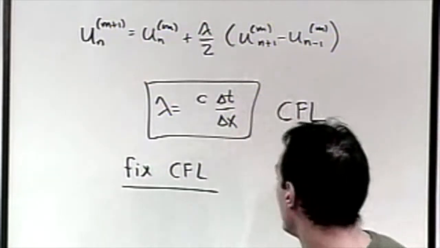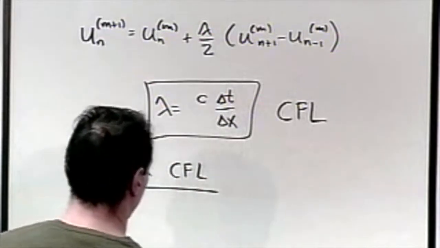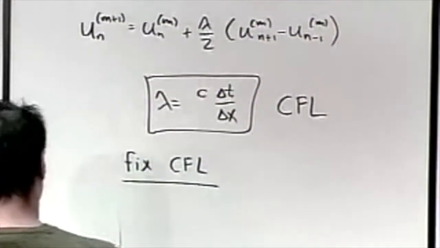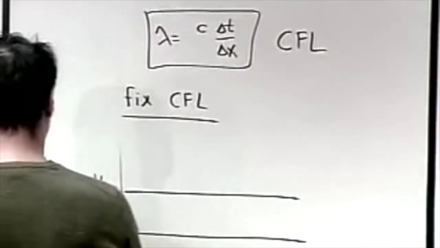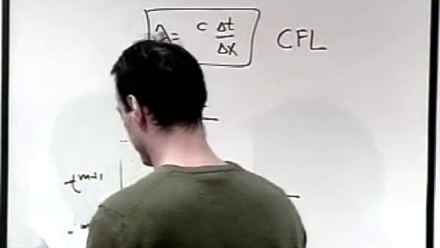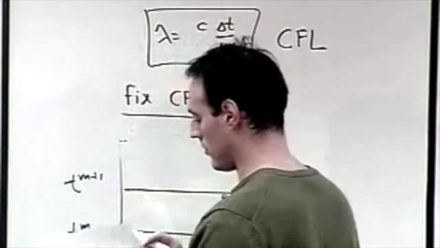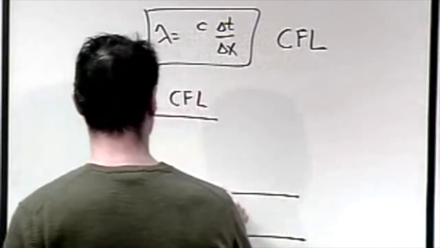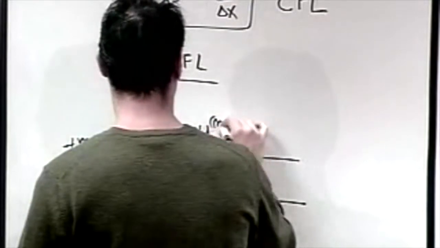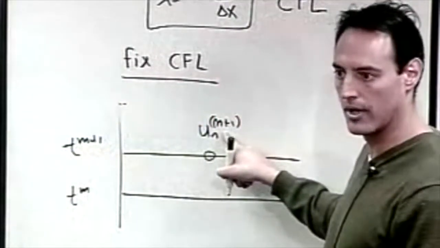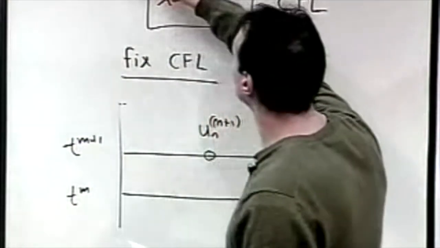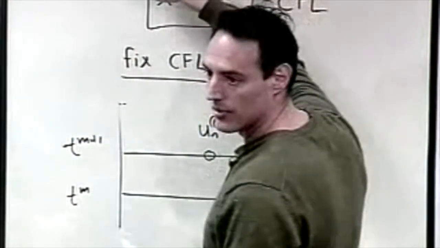So notice, by the way, that this algorithm, so this is time m plus 1, time m. Basically, if you want to update your solution in the future, at u of n, m plus 1, in other words, my solution at point n at time m plus 1, it basically uses how many points? 3 different points at time m.